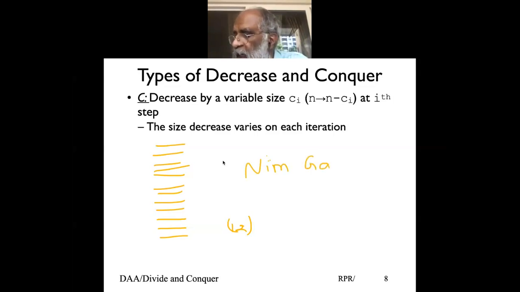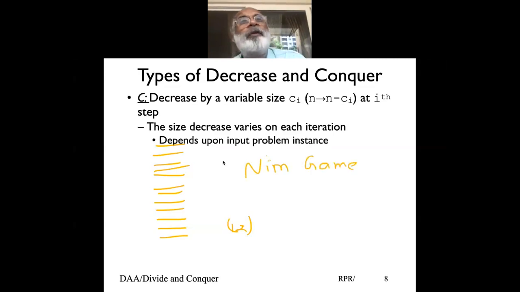This is described in Levitin. I also played this game on the last day of class in section B, I believe. Essentially the game is, I ask you to remove any number of cards up to a maximum of 3 or 4.